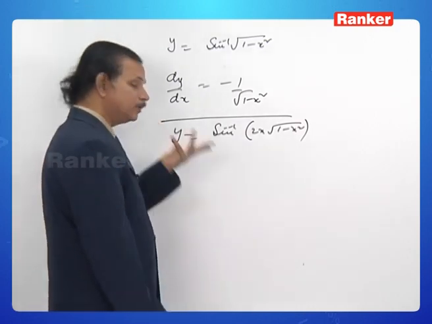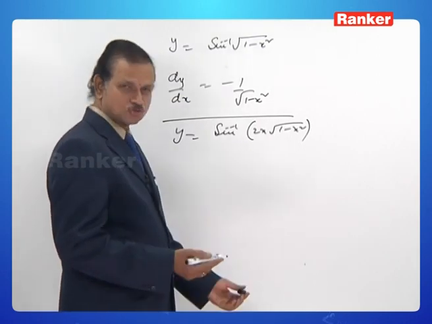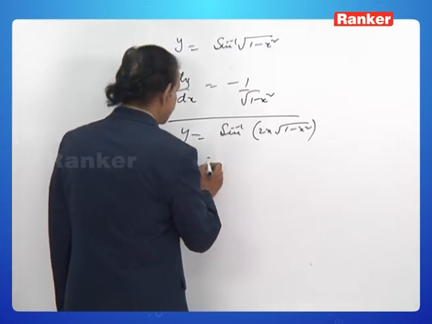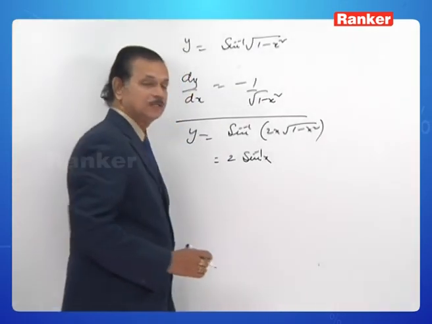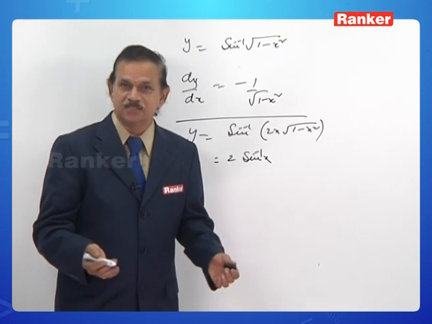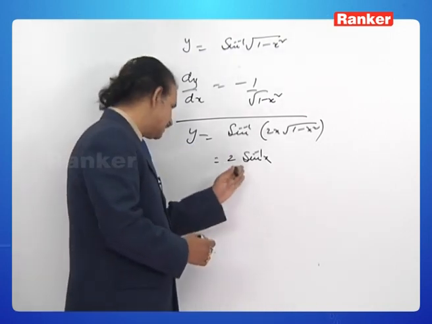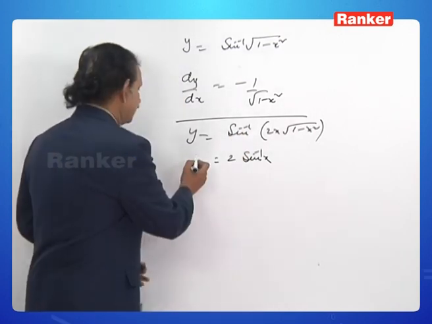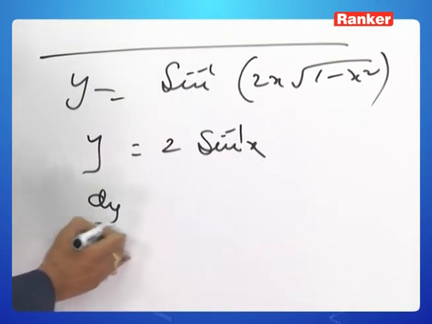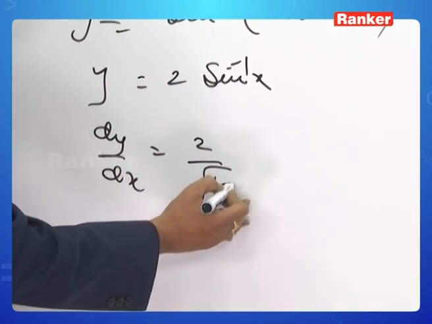Sine inverse of sine 2 theta is 2 theta. 2 theta is nothing but 2 into sine inverse x. What I mean to say is you must be able to recollect this is the right option. Automatically, dy by dx is therefore equal to 2 by root of 1 minus x square.